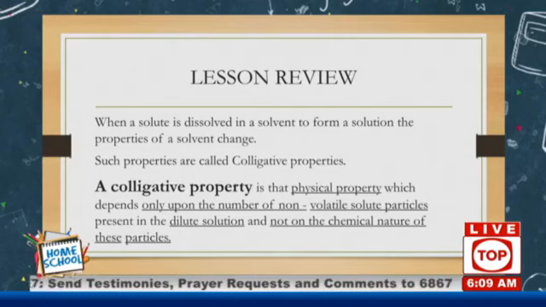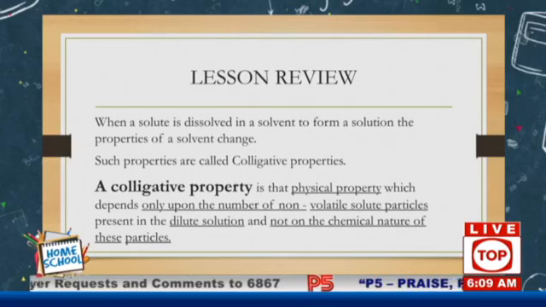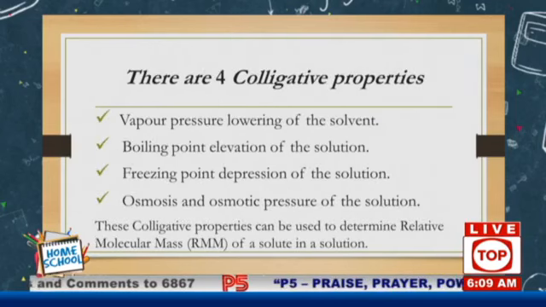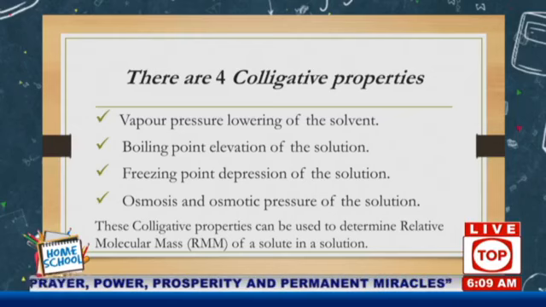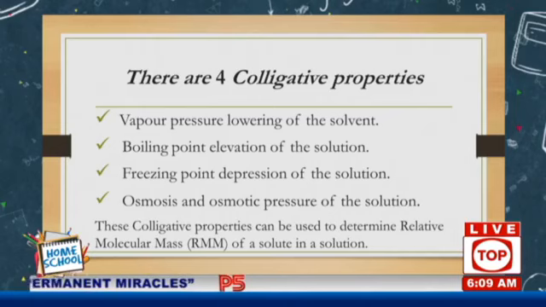Let us look at those factors on our next slide. Okay, then we say that you can use these colligative properties to determine the relative molecular mass of a solute in a solvent. On our next slide, we looked at vapor pressure lowering of a solvent.